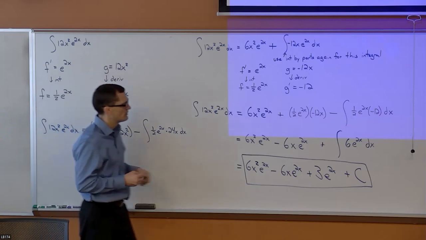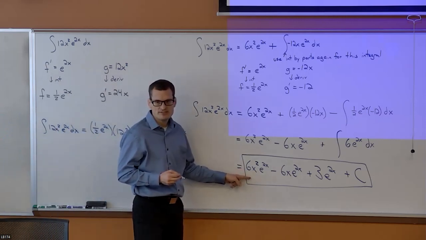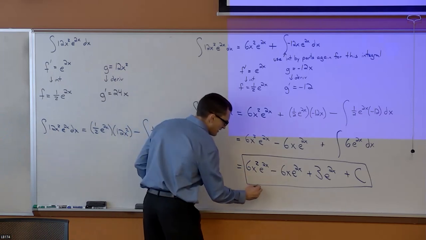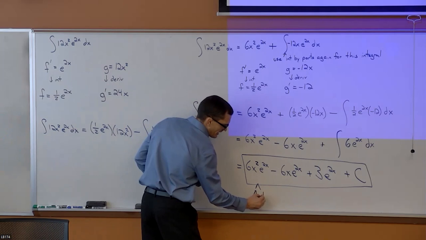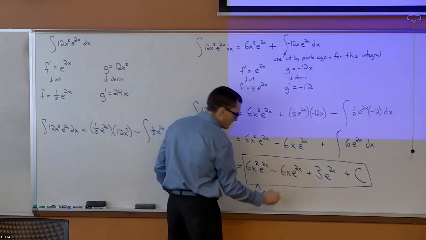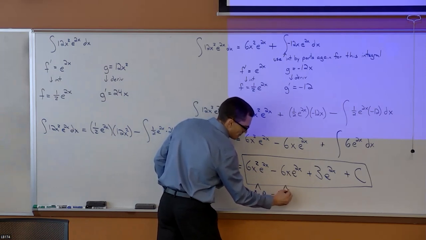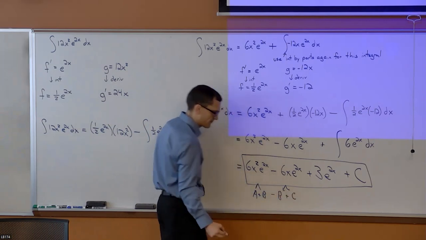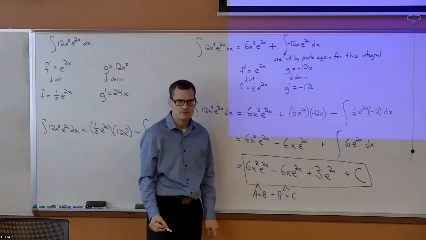Just so you know, if you did take a derivative of this, what would happen is this first one would split up into a plus b, 2 terms. This second one would be a minus b, would split up into 2 terms, minus b, and let's just say a plus c. So 1 term there would cancel out with 1 term there.